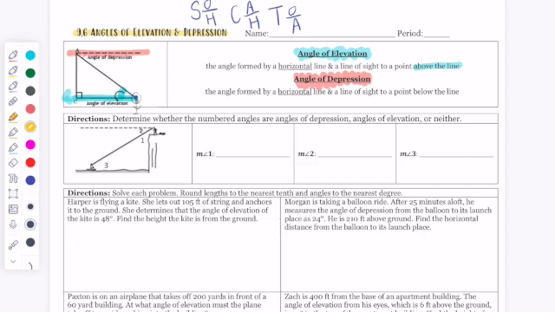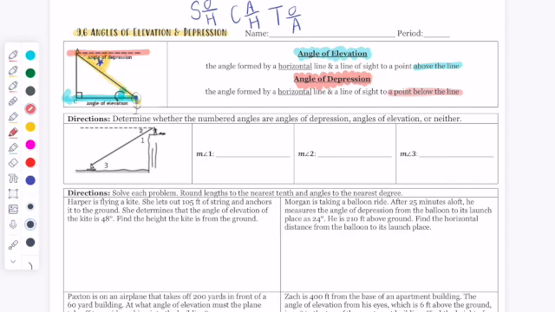But if they have to look down or peek down at person B, that is going to create this angle right here, which is going to be my angle of depression. So it's formed in between the horizontal line and what looks like that transversal to that other parallel line. But that's this one right here. This is the angle of depression. Okay, so, important thing to note, it's going to fall in between that point below the line. So they're looking down from their line of sight.